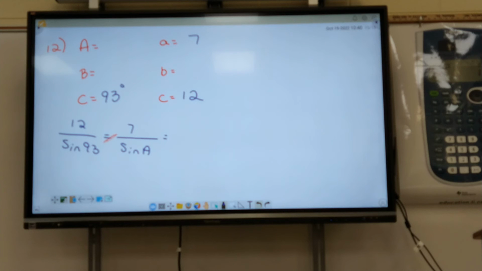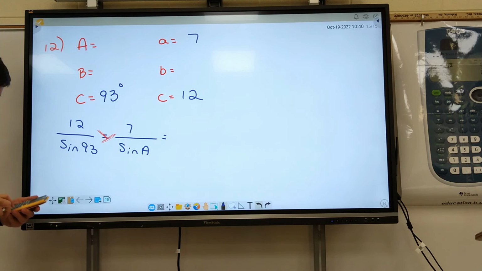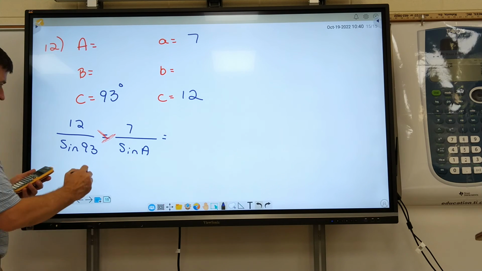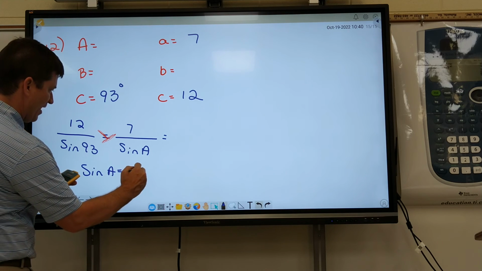When you come back and divide, don't worry about the sine. It's with the A. Just divide by 12. So I've got sine of angle A equals 0.5825.